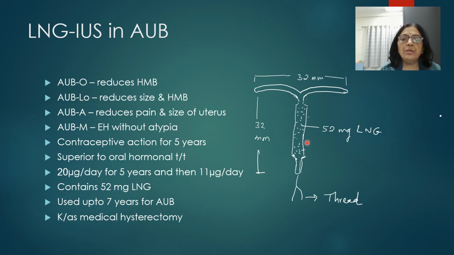It contains a total of 52 milligram of levonorgestrel. Its contraceptive action remains for 5 years, but for AUB it can be used up to 7 years. There are studies showing its efficacy up to 7 years in patients of abnormal uterine bleeding. It is so effective that it is known as medical hysterectomy.